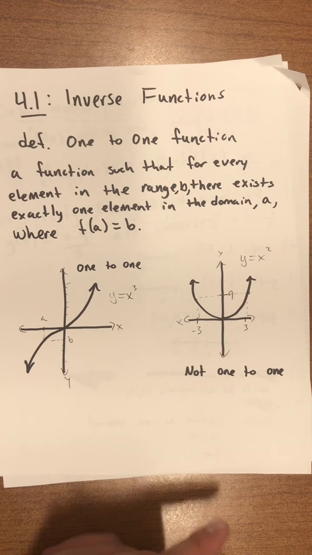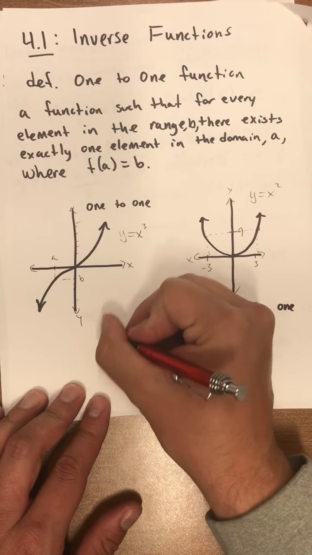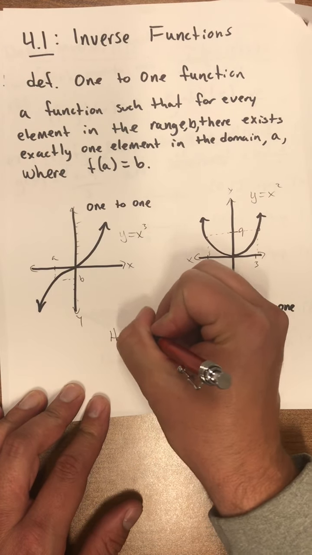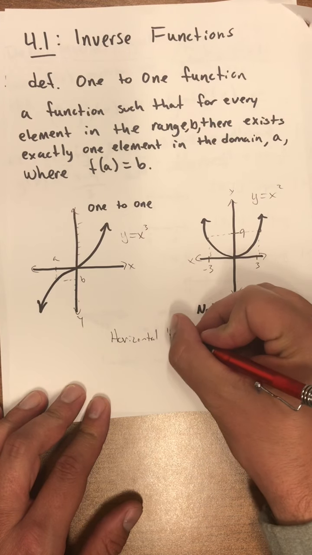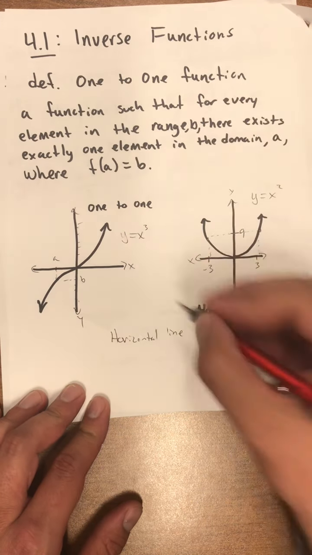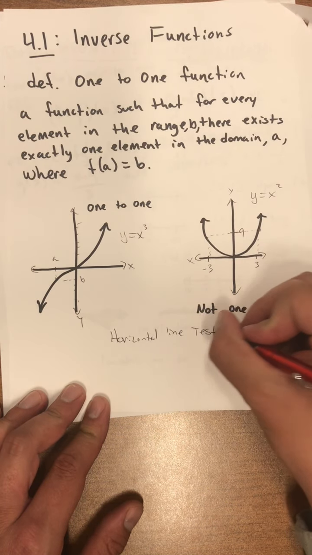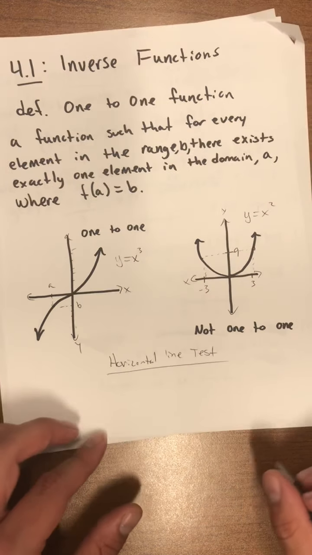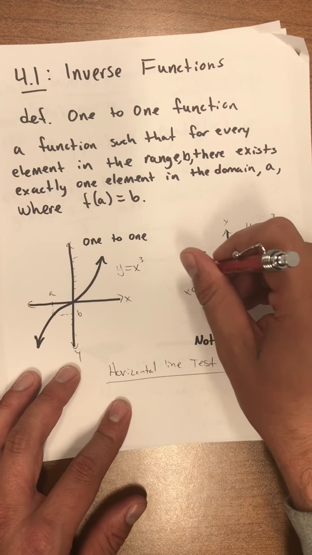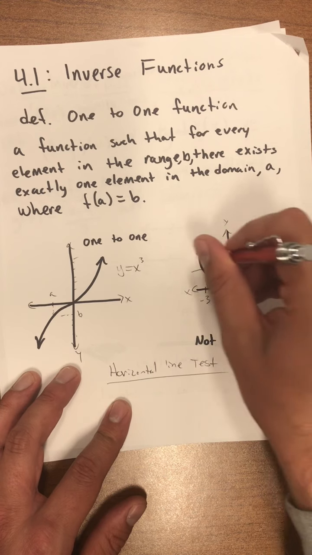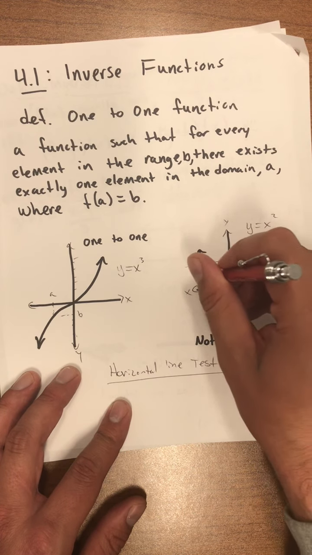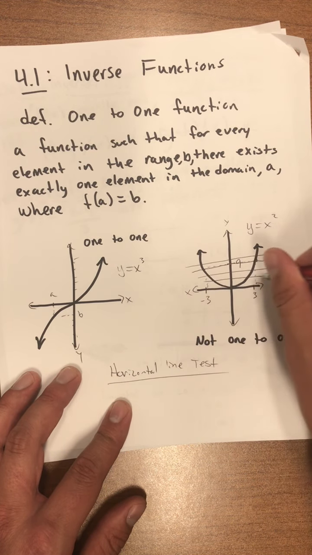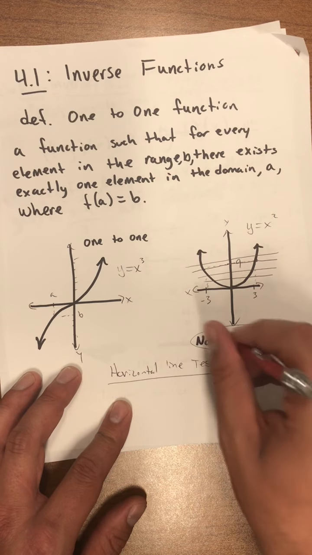Now, what this leads us to is the horizontal line test. So graphically, we can determine this property by the horizontal line test, and we just look back up here. If a horizontal line ever hits a graph twice, that function is not one-to-one.